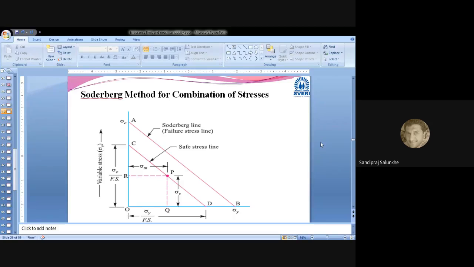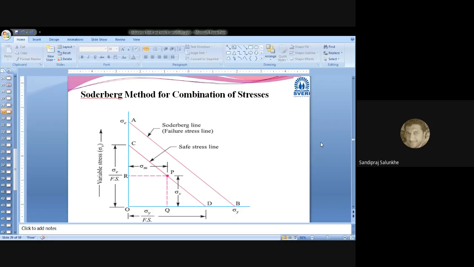Also, he has given the region by means of which we can get the safety related to the design. And of course, we are going to use the factor of safety by using Goodman's diagram. But after a long period, that diagram has been used, and nowadays also we are referring to Goodman's diagram.